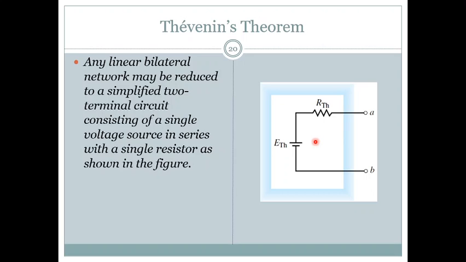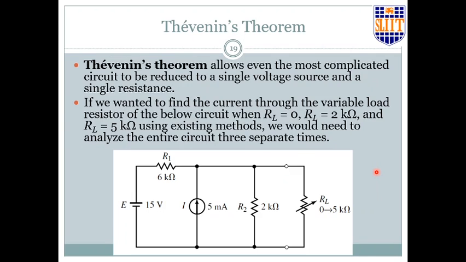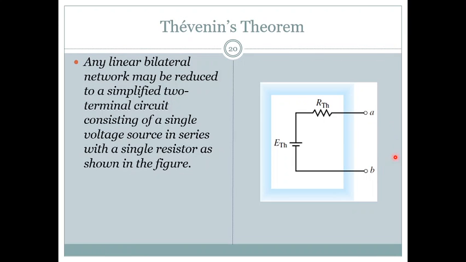Let's see how we can do this. Once you model the circuits like this, the resistor will be connected in here. Whatever the different value that you need, just put that as RL and derive the equation for the voltage or the current across that RL, and substituting different values to RL, you can get the value that you need. So that becomes very easy once you derive the Thevenin's equivalent circuit.